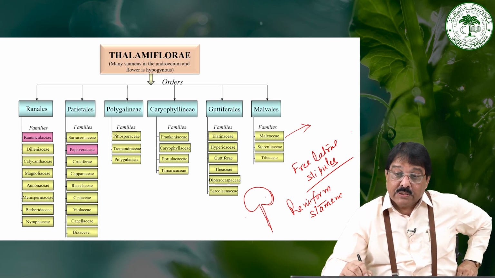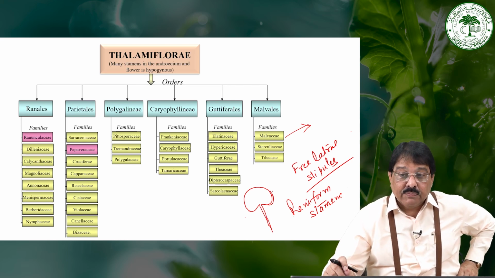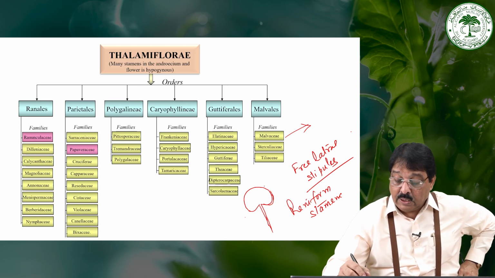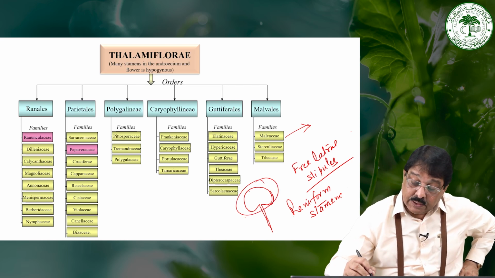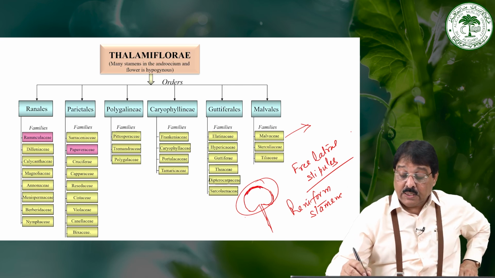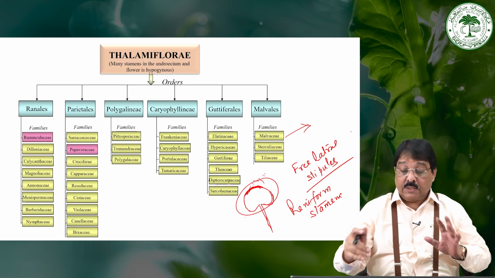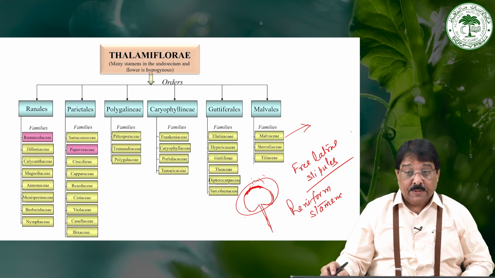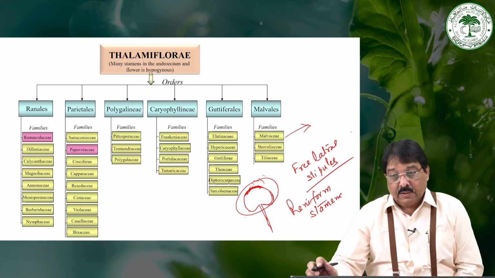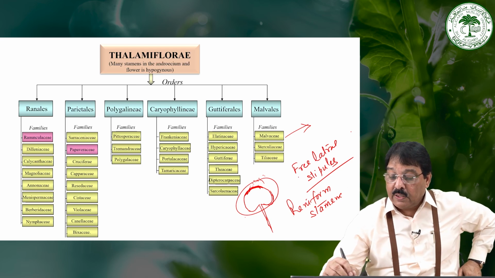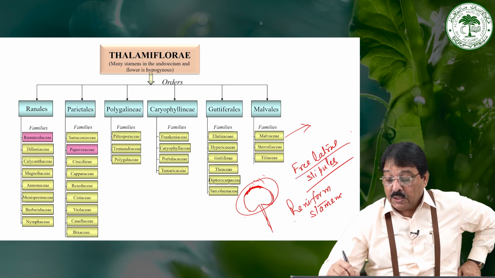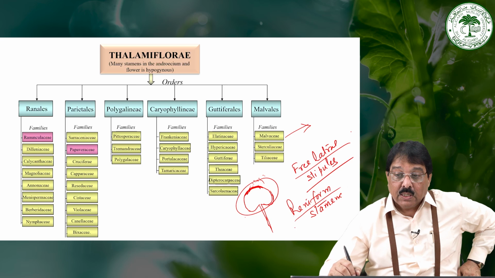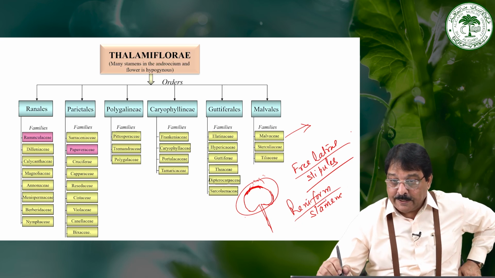So all the members of the Malvaceae will have free lateral stipules, reniform anthers, as well as mucilage.